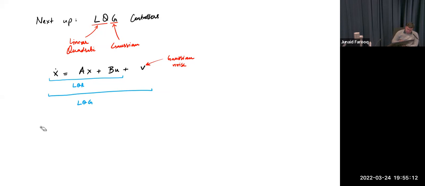But beyond that, what is important to understand is if the state variable is not observed or is not known, which is generally the case, we will have to estimate the state.